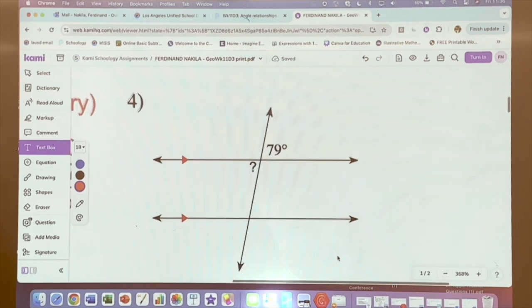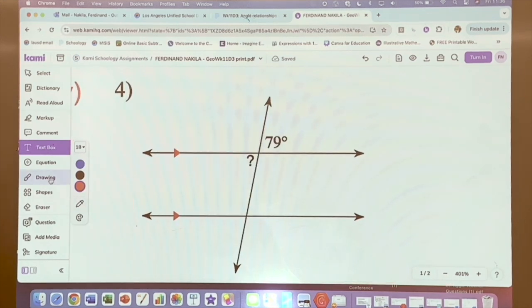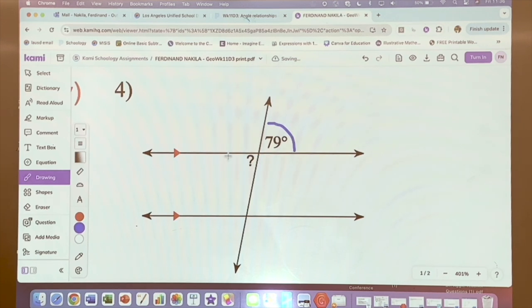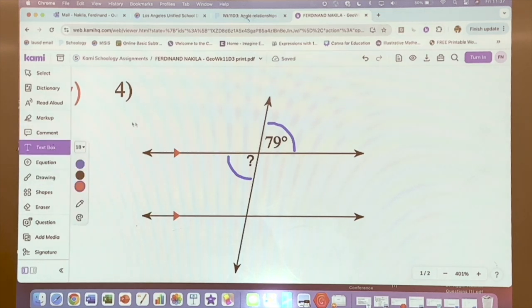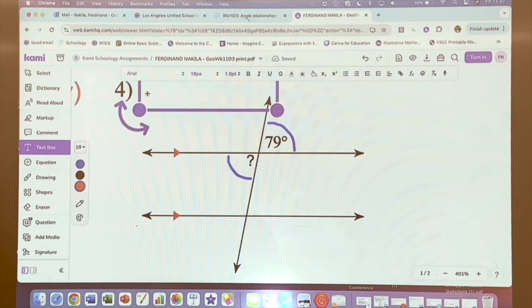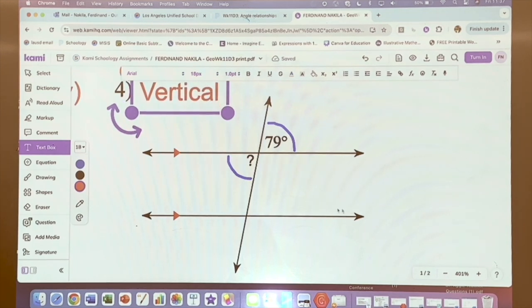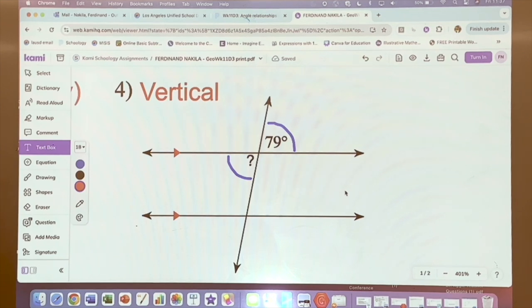Number 4. Here's this and this. What do you call this angle relationship? This one is vertical. That's correct. Vertical angles. What's with vertical angles? They're the same.